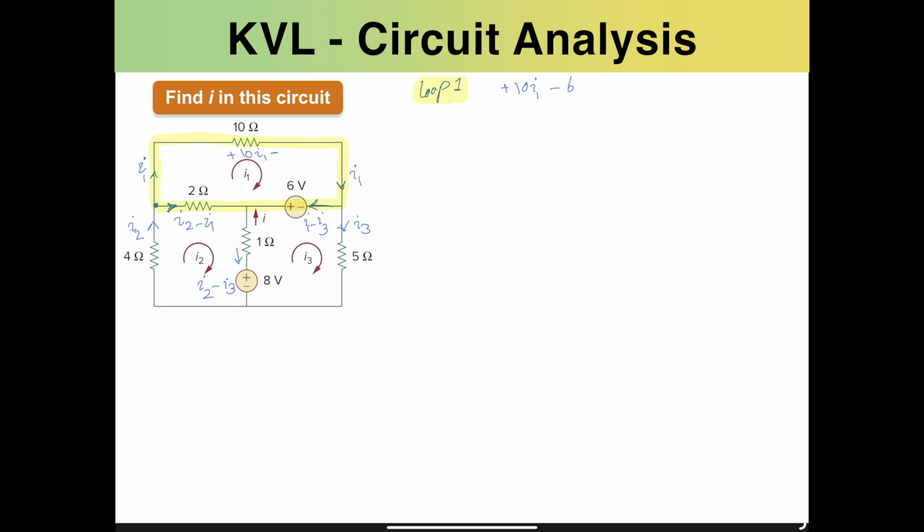Moving forward, we have this 2 ohms, but then this 2 ohms is going to be multiplied by this current, I2 minus I1, which is flowing to the right side. However, we are moving to the left side. Since these two directions are contradictory, we need to consider the negative voltage drop across 2 ohms. The voltage drop is going to be from the high voltage to the low voltage when you consider the current direction.